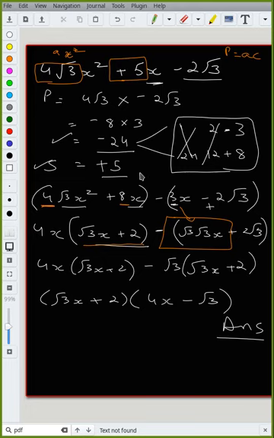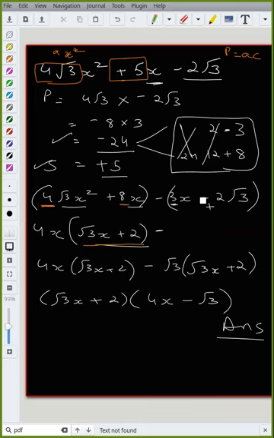Sir, I did not understand this. Root 3 into root 3x.